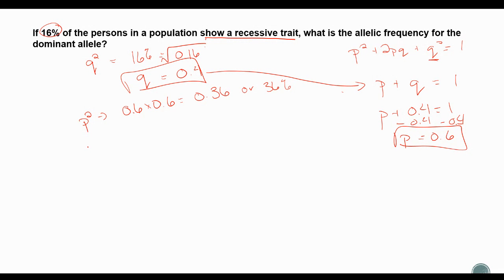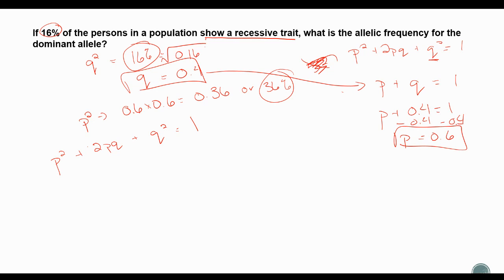My equation, remember, is P squared plus 2PQ plus Q squared equals 1. Now, I can check my work. I know that I have 16% Q squared, 36% P squared. So 16 plus 36 is 52. So I have to have 48% in this 2PQ category.